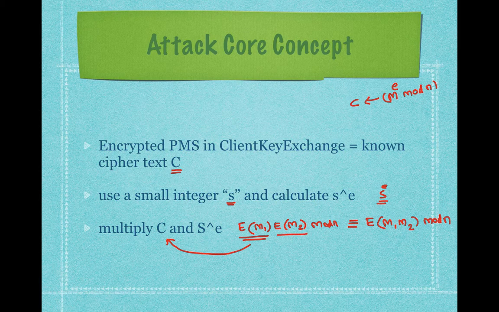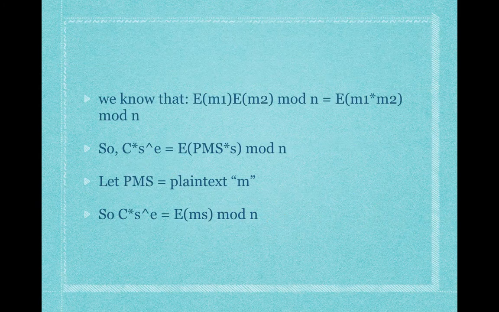So that will become your second encrypted text, this so-called s power e. Now if you multiply these two, the result is going to be the multiplication of the corresponding plain text. So your corresponding plain text is the pre-master secret and the value s. For simplicity, let me call the PMS as simply M. That means multiplication of C and s power e is nothing but you take the corresponding plain text and then encrypt it.